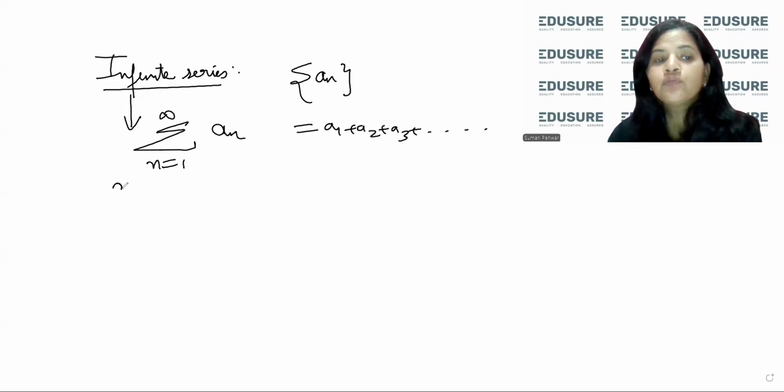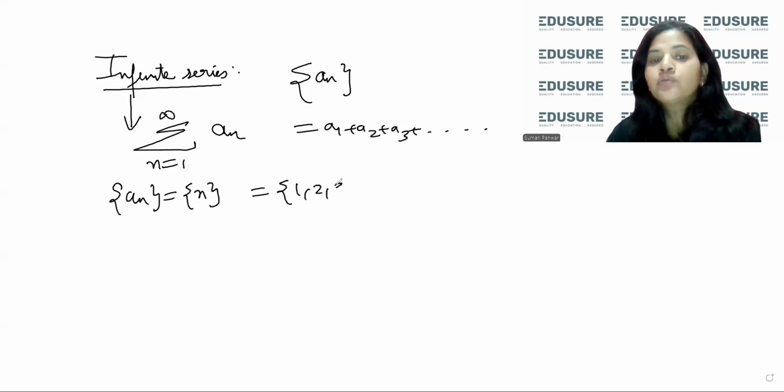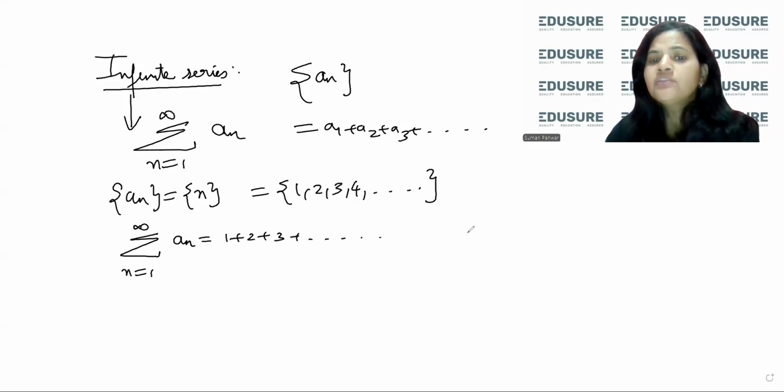Now, for example, if you take a sequence an, which is given by n, then this is nothing but 1, 2, 3, 4, and so on. So summation n going from 1 to infinity an will be 1 plus 2 plus 3 plus this. Now this will be very large. That means we will not have a definite sum.